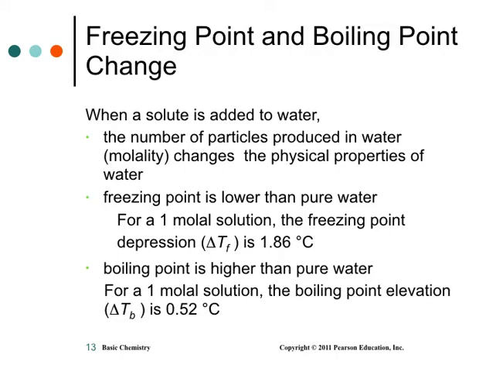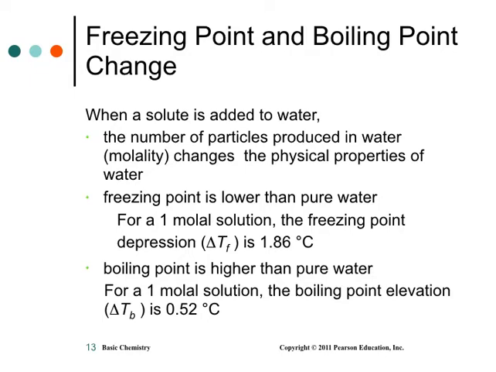So if you add some solute to the water and you have a 1 molal concentration based upon what it breaks down into, you can change the temperature 1.86 degrees. So it will actually freeze not at 0, but lower than 0 for every amount of water that you have like that.